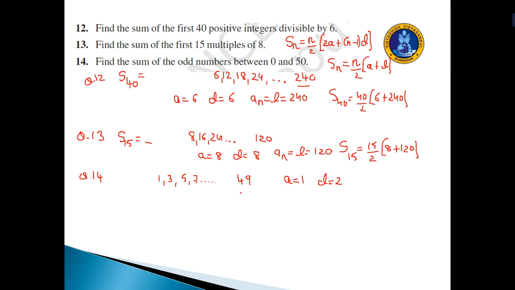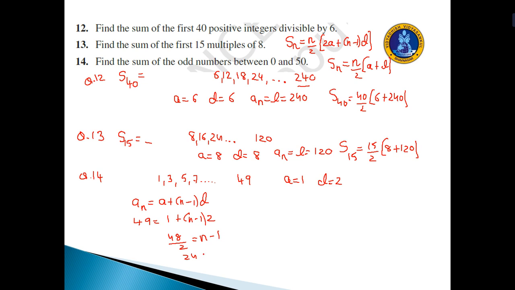So first of all, what we have to find out is N. By using An is equal to A plus (N minus 1)D, we can find out N. So 49 is equal to 1 plus (N minus 1) times 2, the difference is 2. So 49 minus 1, that is 48, divided by 2 is equal to N minus 1.